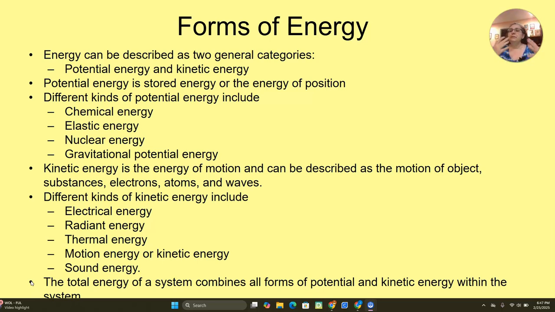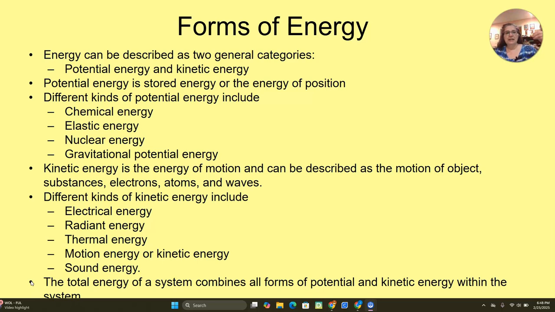But elastic potential energy is more than just things that are obviously stretchy. Springs have elastic potential energy, but it's any energy that we would have from compression, where once it's compressed, it wants to snap back out once that pressure is released, or that tension, that stretching.